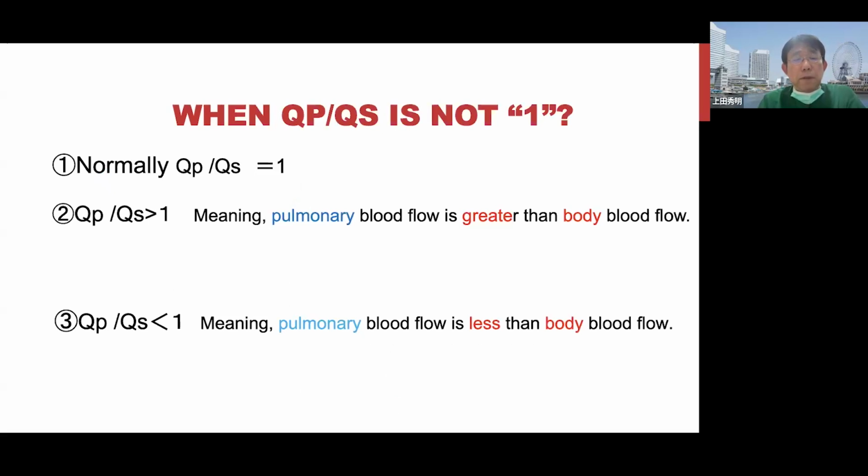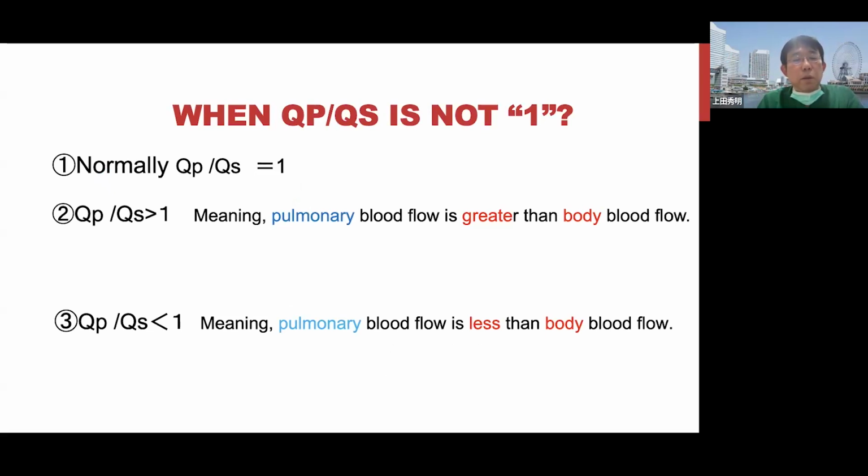Normally, if there's no shunt, the QpQS is always 1. But if there's a shunt, which means there's an excessive pulmonary blood flow, the QpQS should be above 1, which means that pulmonary blood flow is greater than body blood flow.